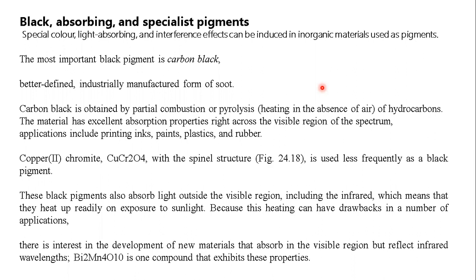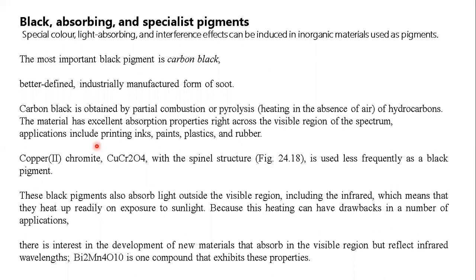But if you want to prepare more soot industrially, then you will do partial combustion, which means you do the combustion by heating in the absence of air. If it gets more oxygen, then it will not give much soot. So you have to do it in the absence of air. That is called pyrolysis, and you can get carbon black in a lot of amount.